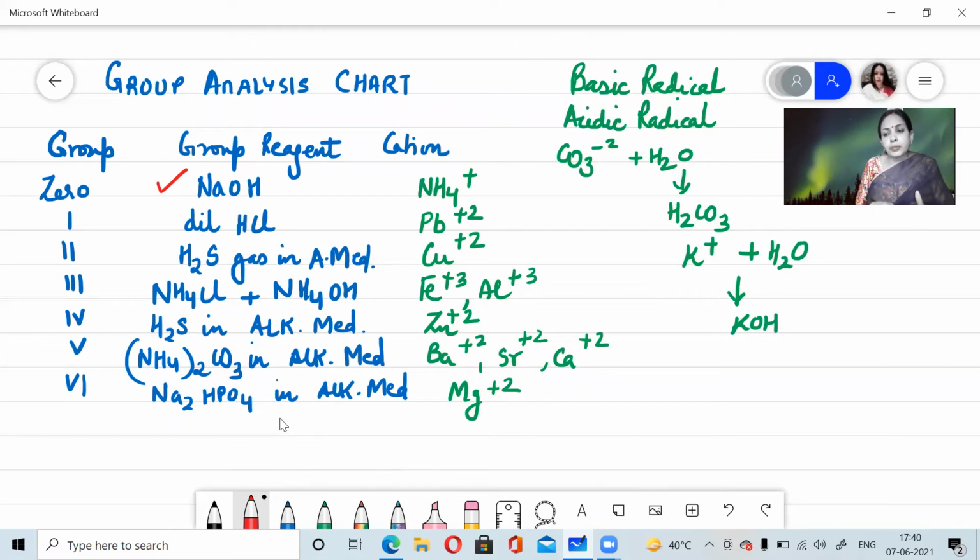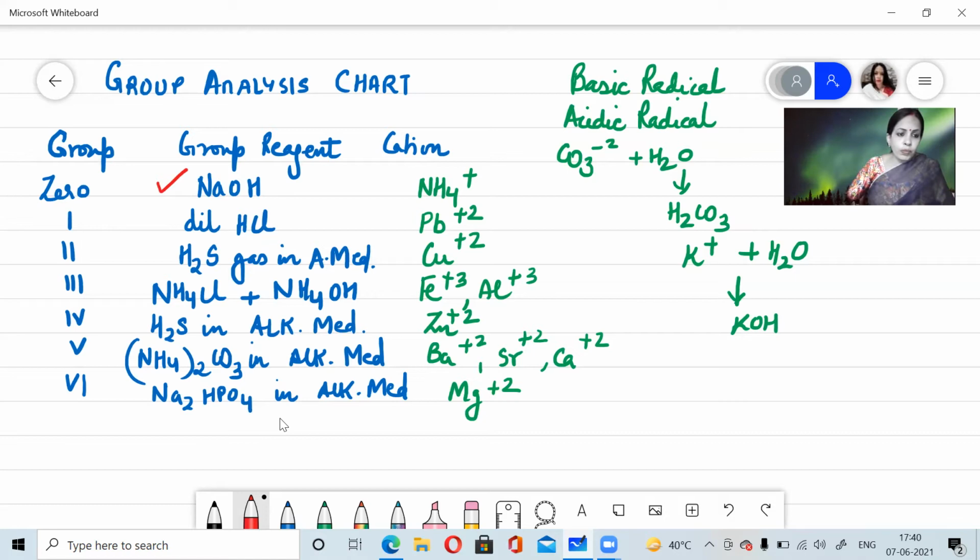But then the confirmation is done by passing the evolved gas through Nessler's reagent. When the Nessler's reagent turns brown on passing the gas evolved, it shows that 0 group is present. And once the 0 group is confirmed, then we confirm the presence of ammonium ion. Here, the testing of the 0 group and the ammonium ion is same. Then we move to group 1 to group 6.